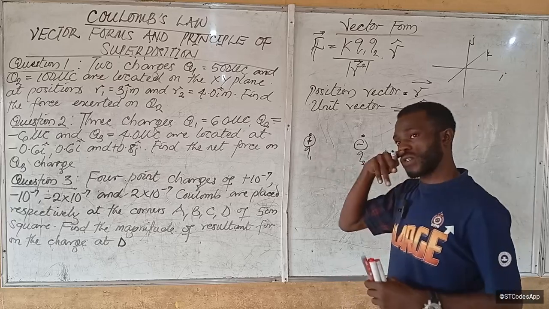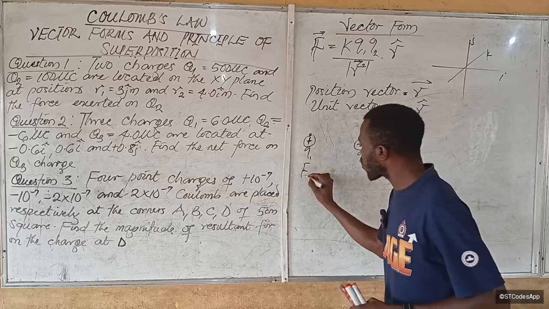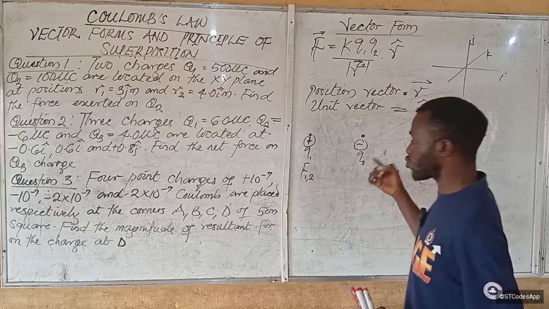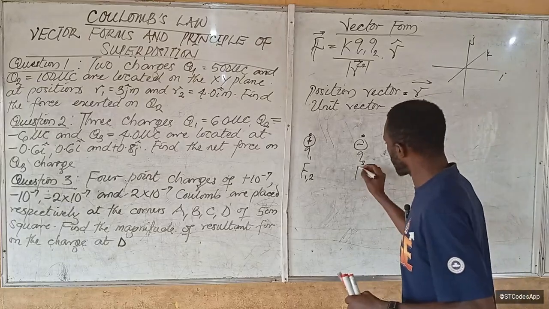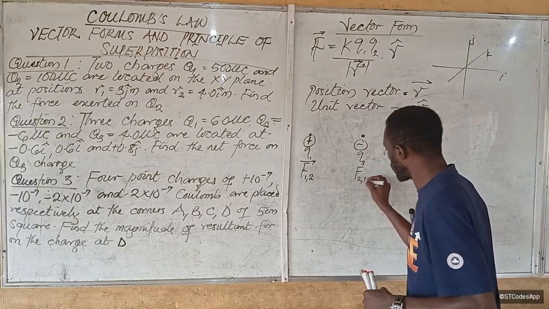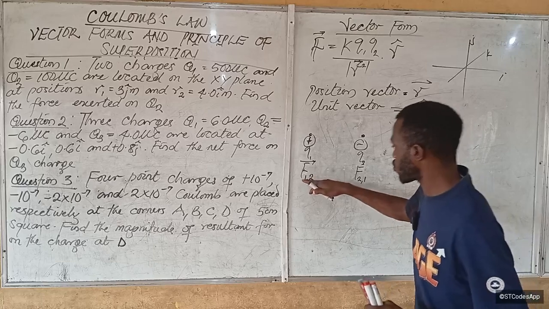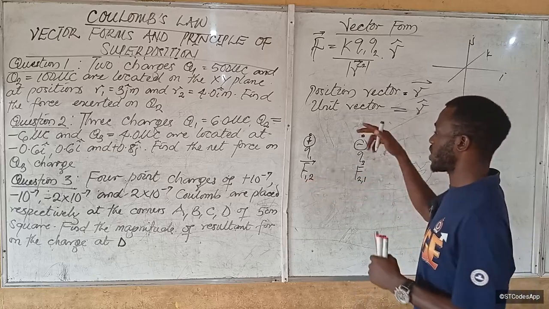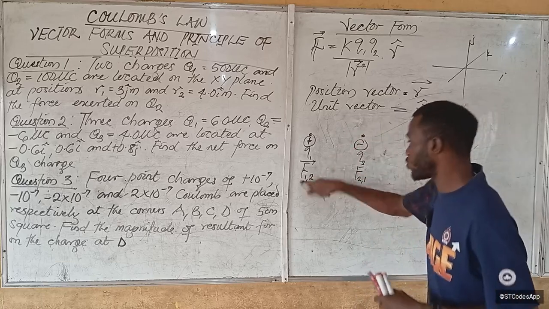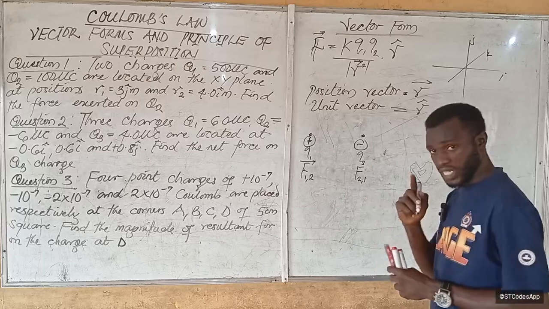I want to analyze the force on it. The force on this one is going to be termed the force on 1 due to charge 2. And the force on this one is going to be the force on charge 2 due to charge 1. Is that okay? F12 means force on charge 1 due to charge 2. Here, force on charge 2 due to charge 1. I hope that is clear.